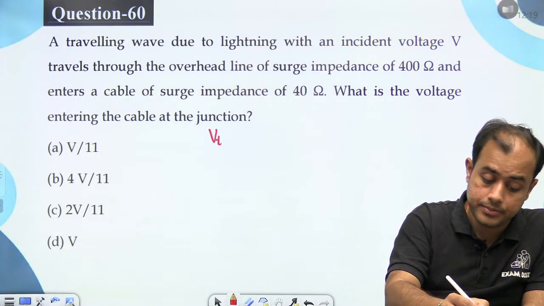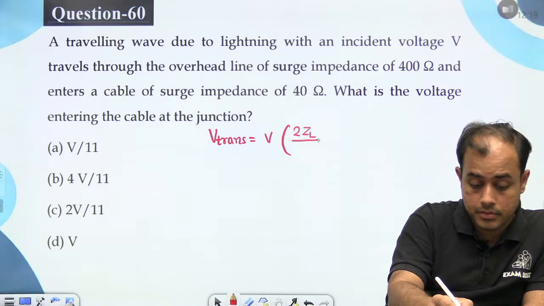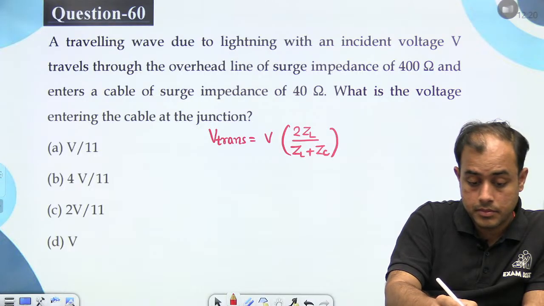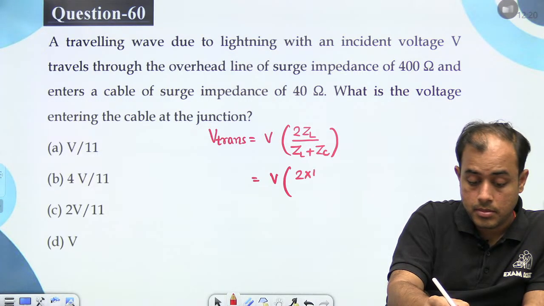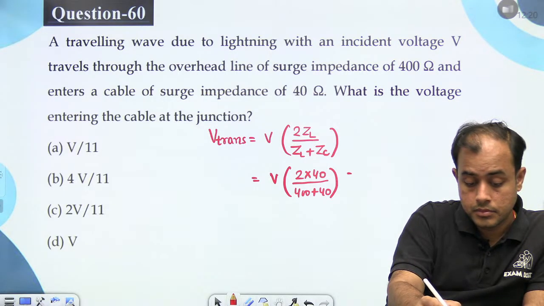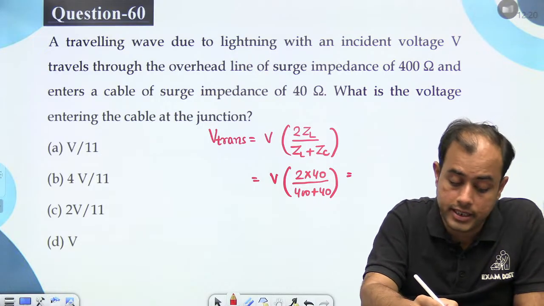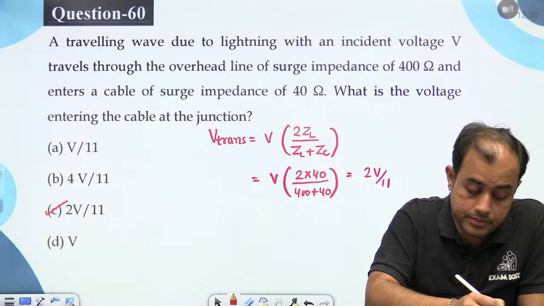Voltage entering, V, 80 by 440, to V by 11.